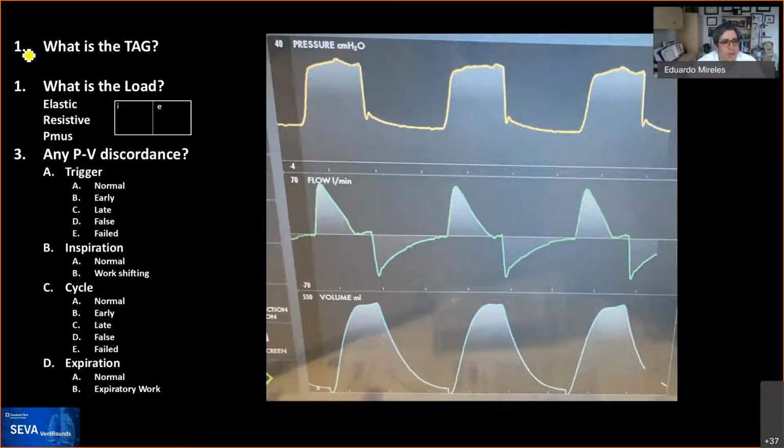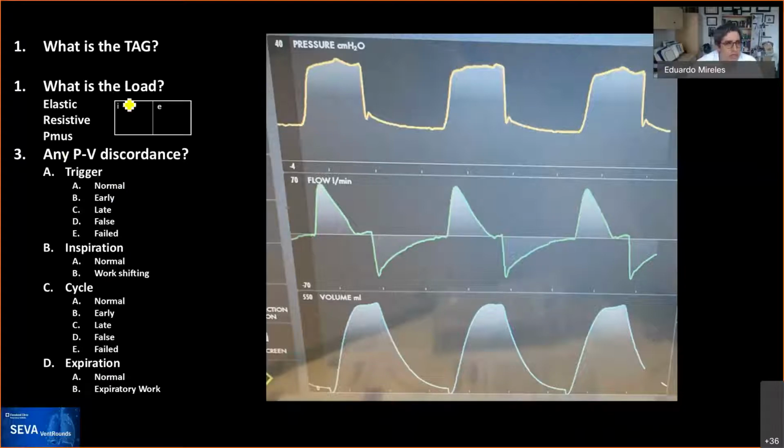We start by talking about the tag, which is essentially describing what type of mode it is by looking at the waveforms, or if we have the mode, then we use that. What is the load, meaning if it's more elastic or resistive, or the PMUS, and if there's any patient ventilator discordance: trigger, inspiration, cycle, and expiration.